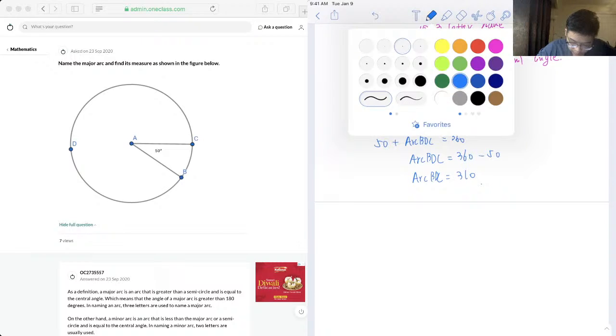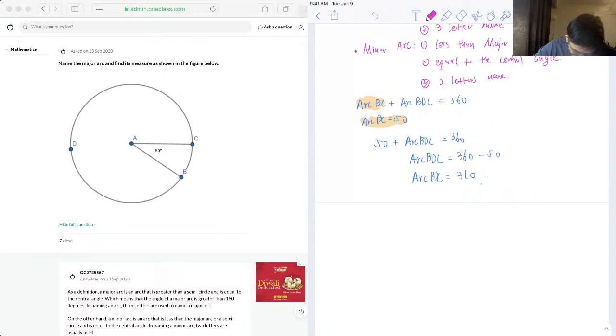So just write a conclusion here. The major arc is arc BDC, and the measurement of arc BDC is 310 degrees.